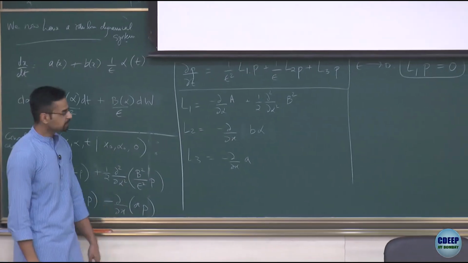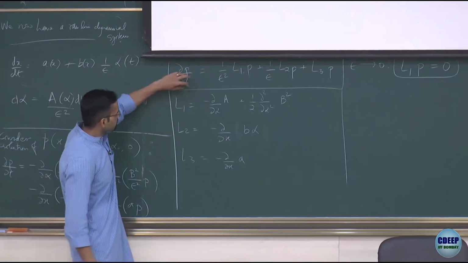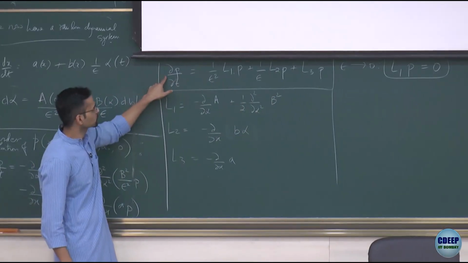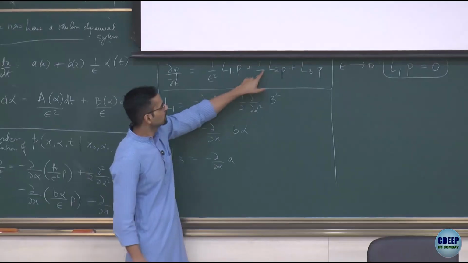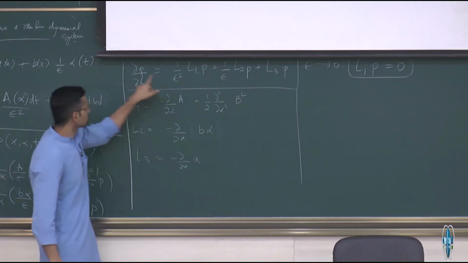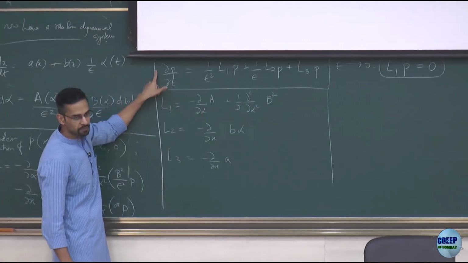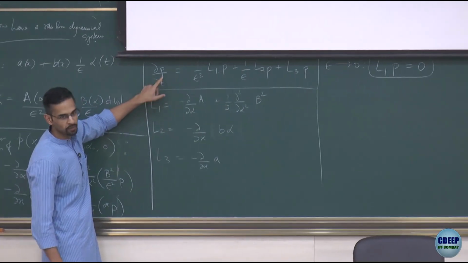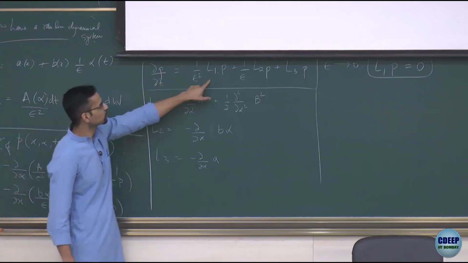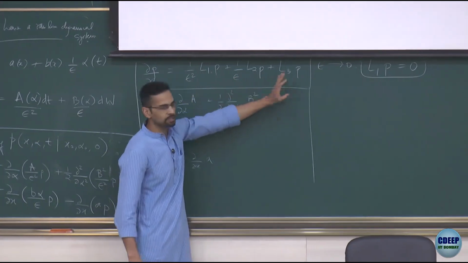If I scale with the fast time scale, it's like saying multiply throughout by epsilon squared. So I will get epsilon squared here, L1p, epsilon squared. Now this epsilon squared, to go to the fast time scale, I will absorb into the new time t prime, which is fast. So it will be dp by dt prime equals L1p plus epsilon this plus epsilon squared this.